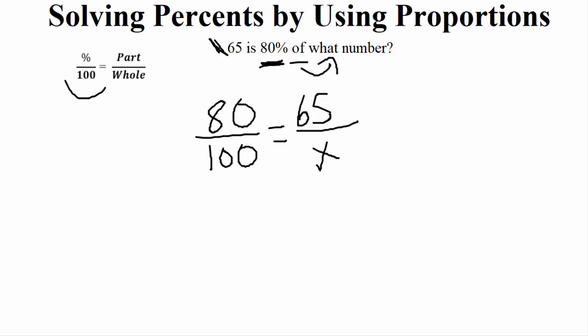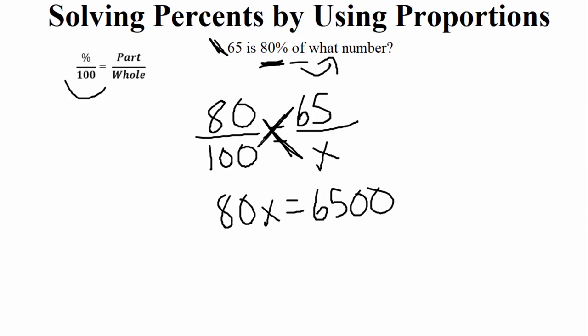So 80 over 100 is equal to 65 over x is what we're going to be solving in this example. So that means we need to cross multiply. 80 times x is 80x is equal to 100 times 65, which is 6,500.